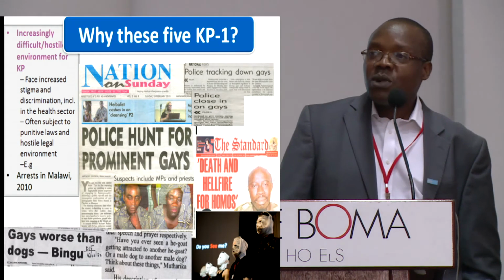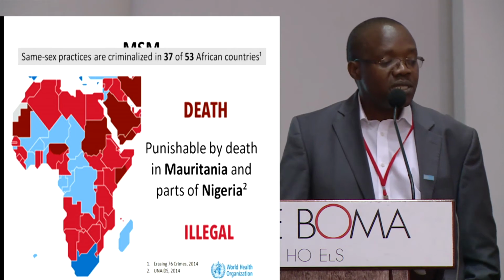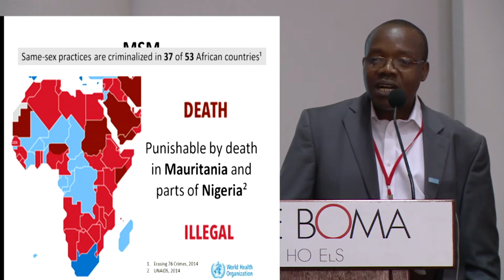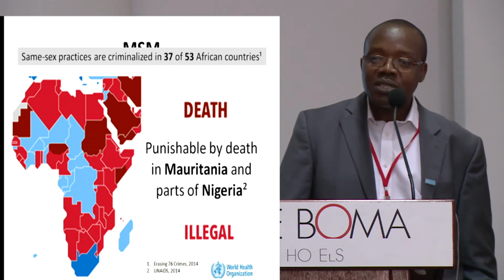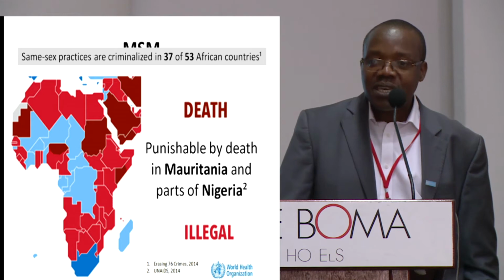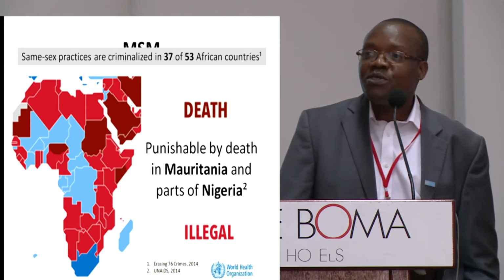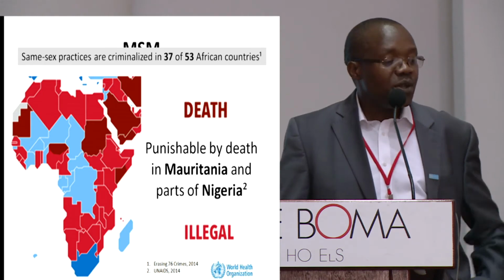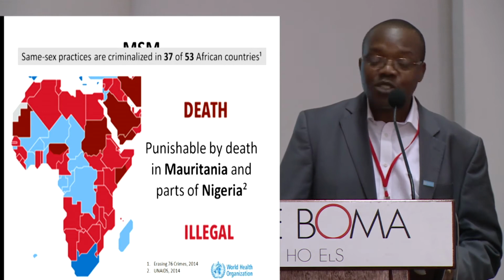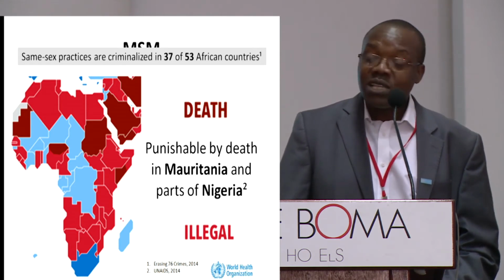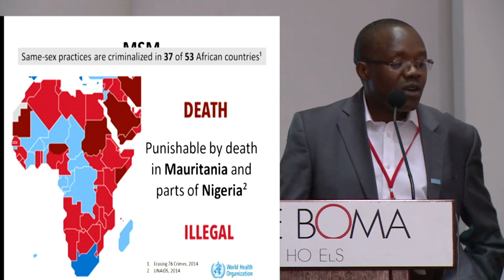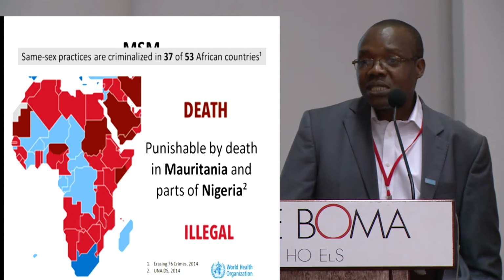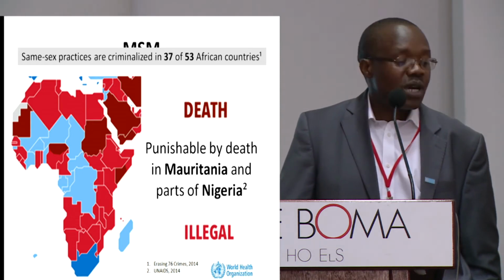This is a map of our continent, and you can see, for example, that in 4 countries in Africa, if there are consensual same-sex practices, the individuals involved actually face capital punishment, the death penalty. We have, for example, Somalia, Sudan, some parts of Nigeria, and Mauritania, which have the death penalty. And this is really not favorable when it comes to our programming.